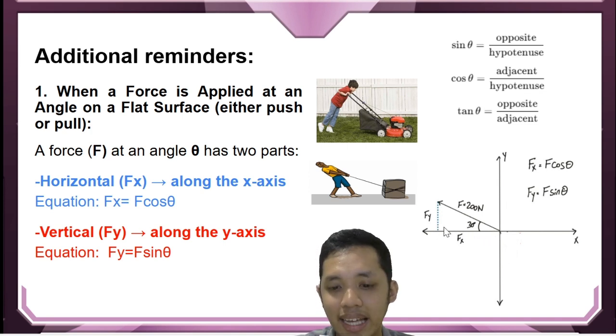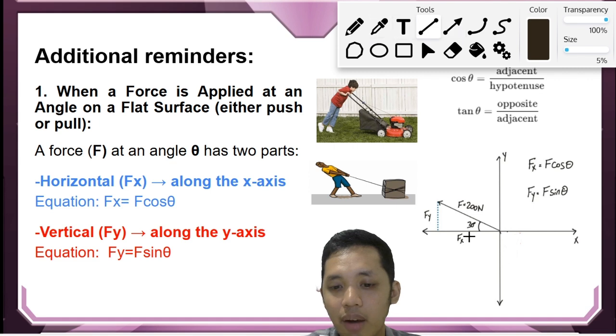What are those sides? So, since we have already the angle, which is 30 degrees, we can easily determine or label the sides. Since we have here the 30 degrees, what is in front of that is the opposite side. So therefore, the vertical component, which is f of y, is our opposite side. So take note of that.